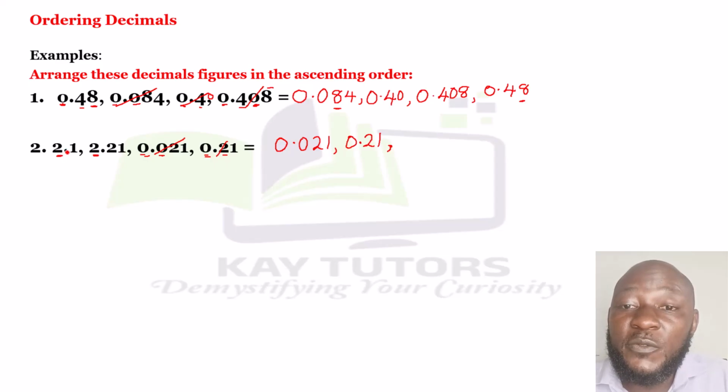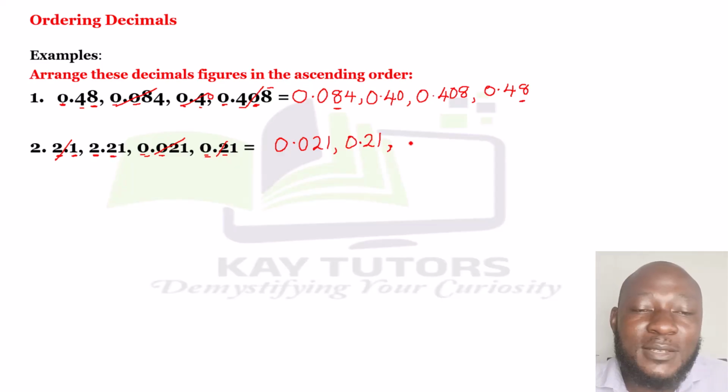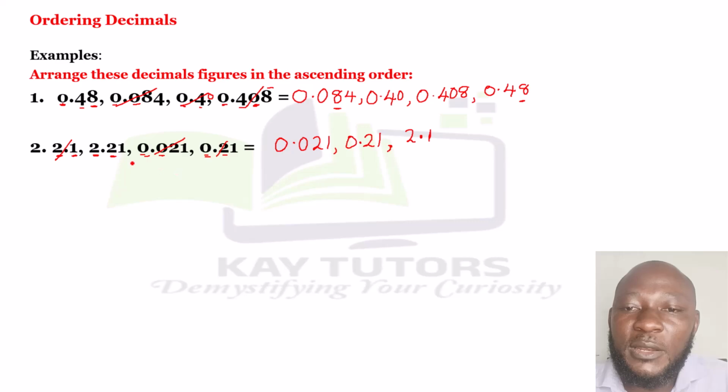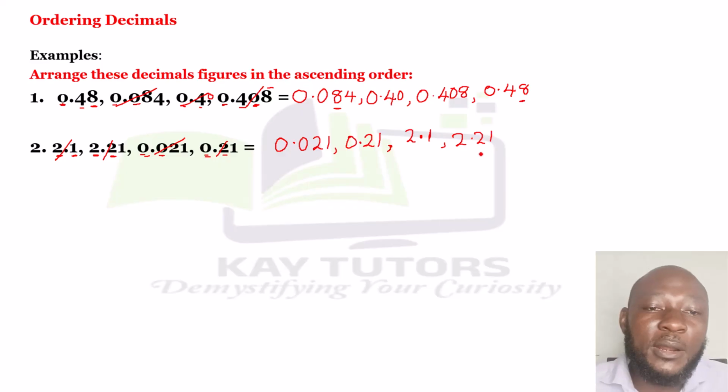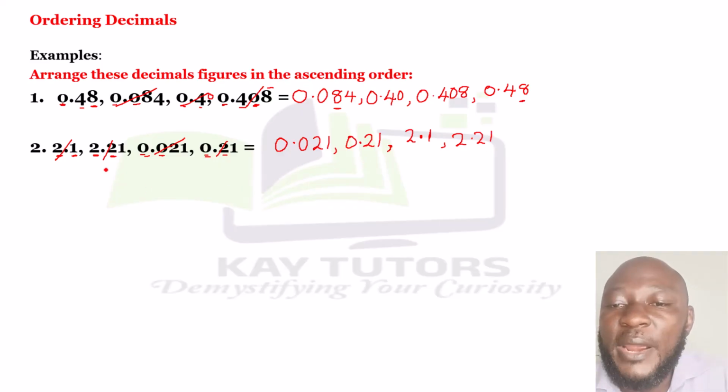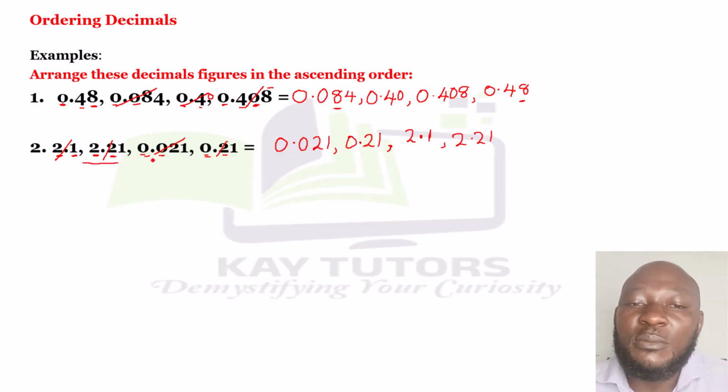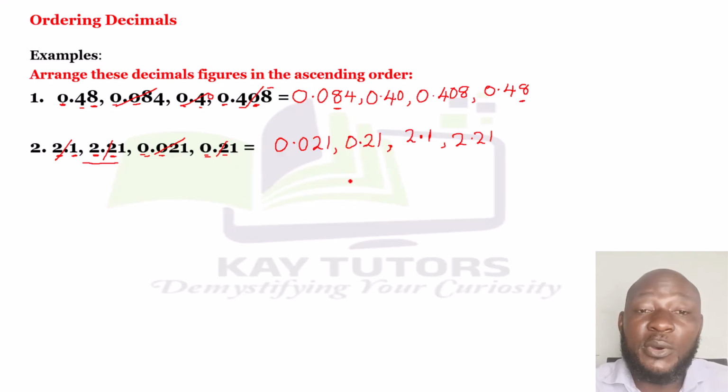So this 2 here is bigger than 1 here, so this is smaller than this. So the next is 2.1. Then finally, we have 2.21. So we have succeeded in writing this set of decimal numbers in ascending order, starting with the smallest.